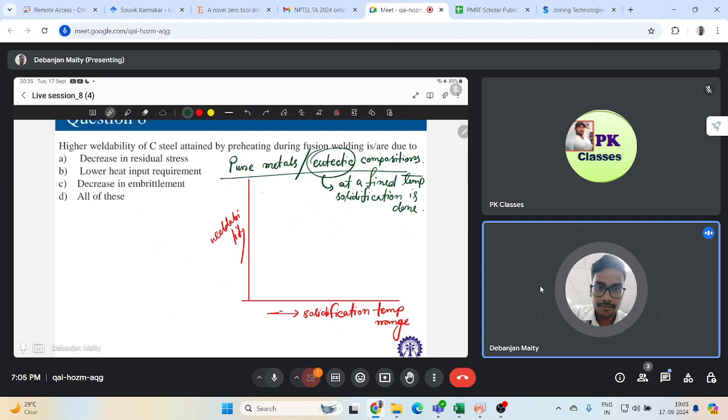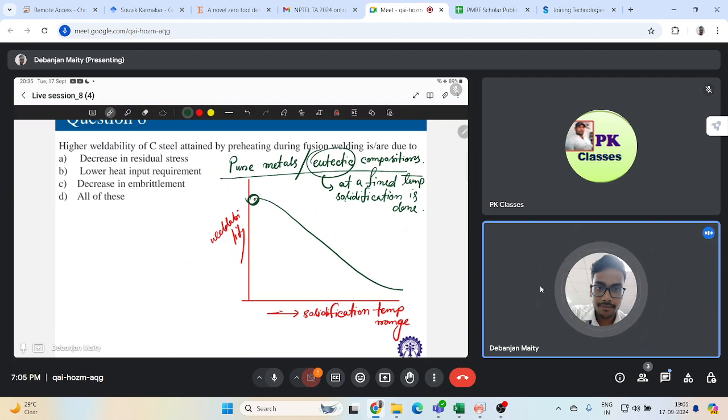Not exactly linear, of course, it will have something like this. So, what will be the highest weldable range of solidification? That will be a pure metal or some eutectic alloy, as I was talking about.